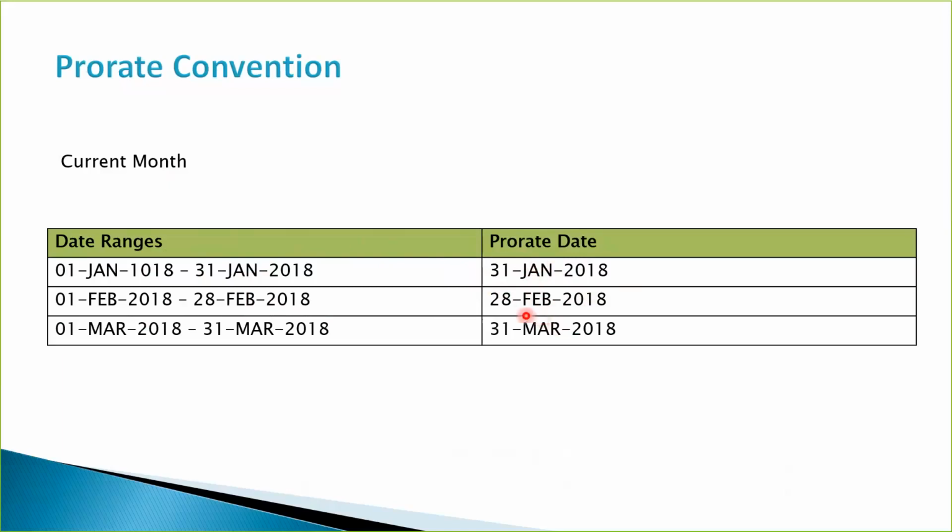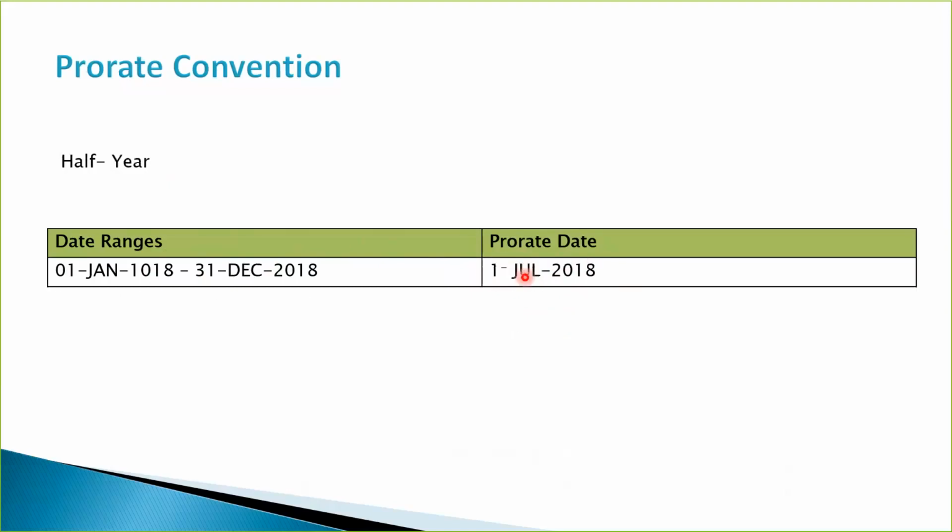So for the last year of the asset's life, the second asset will have more depreciation and the first asset will have less depreciation. So it all cancels out.